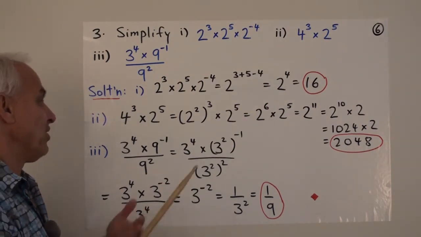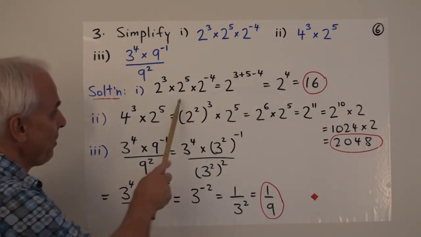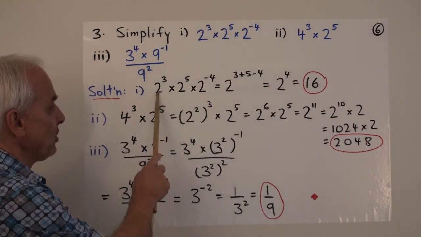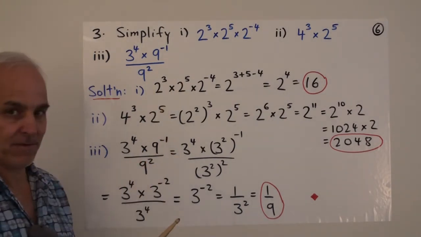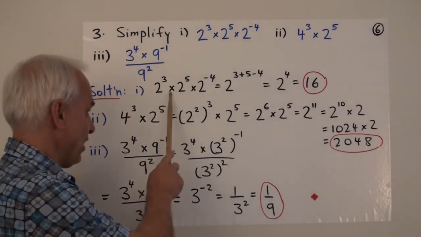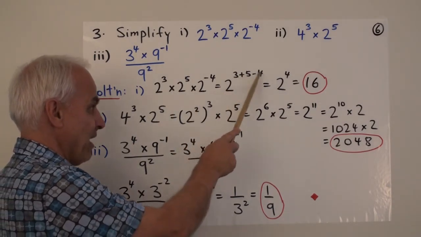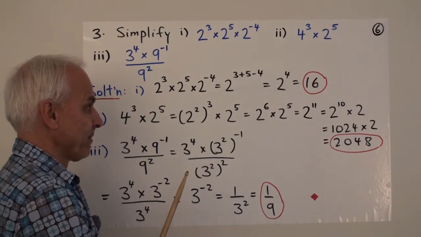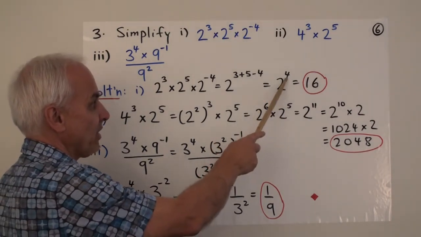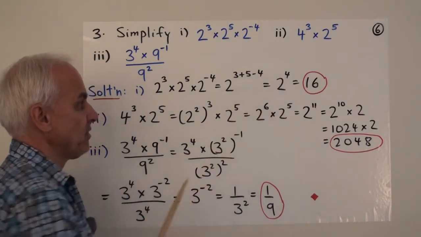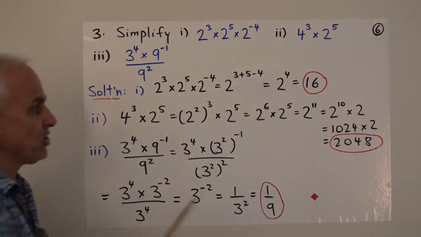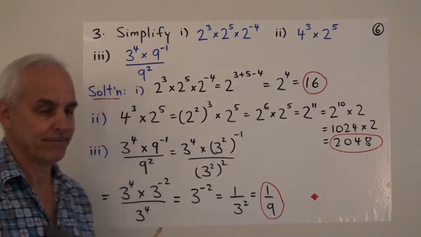You can think about that in 2 steps if you like. You could say, well, this product here is going to be 2 to the 3 plus 5. And then when we take 2 to the 8 times 2 to the minus 4, we're going to get 2 to the 8 minus 4. So we get 2 to the 4th altogether. 3 plus 5 minus 4 is 2 to the 4th, which is 16, right? Yes.